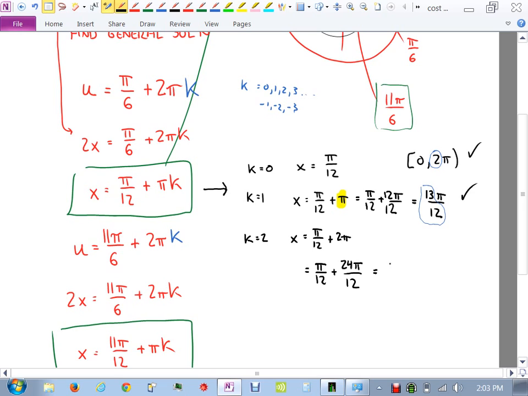Add them together, 25 pi over 12. And now 25 divided by 12 is bigger than 2, right? Because 24 divided by 12 is 2, so 25 is a little bit bigger than 2. So because that's bigger, we chuck this, and that means we can stop. And so the only two answers we have so far are x is pi over 12 and x is 13 pi over 12.